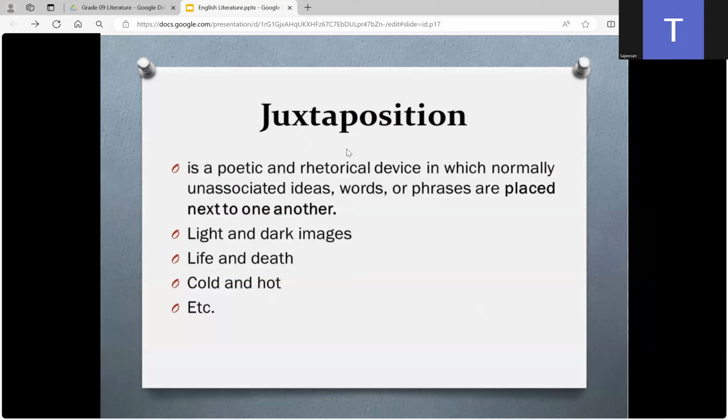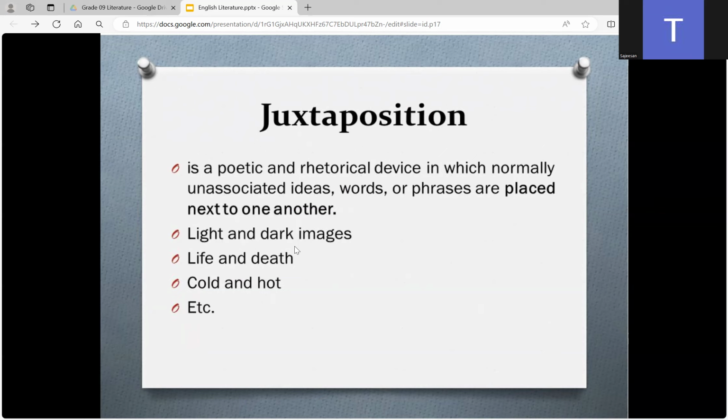Next, juxtaposition, that I already told you from the poem The Eagle, is a poetic and rhetorical device in which normally unassociated ideas, words, or phrases are placed next to one another. Light and dark images. What is the difference between oxymoron and juxtaposition? Here, juxtaposition brings one word in between them.